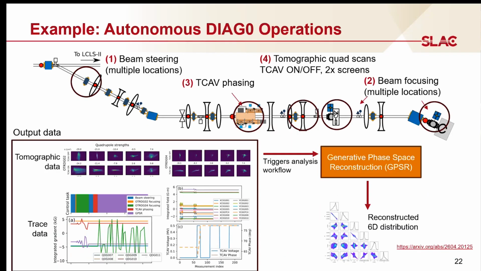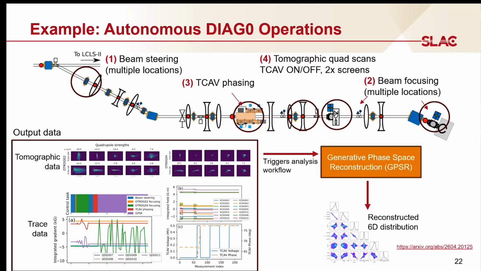We've also deployed this on the start-to-end workflow on a diagnostic line inside of one of our accelerator facilities. So in this diagnostic line, we're able to pick off portions of the beam distribution as it goes to the main accelerator facility and make tomographic measurements of the phase-space distribution.